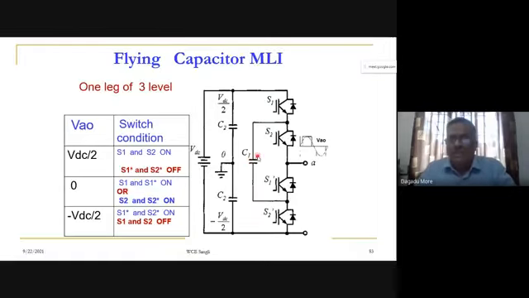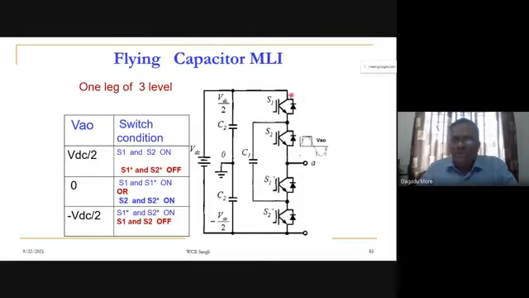Here we are also using one more capacitor, which we can call the flying capacitor. This capacitor also has a voltage equal to VDC by 2. So all three capacitors in this configuration each have a voltage equal to VDC by 2.